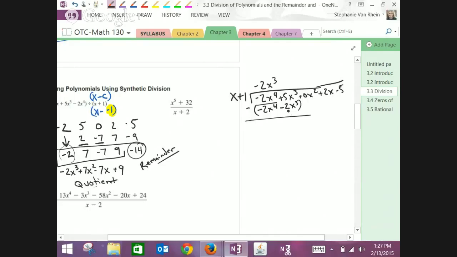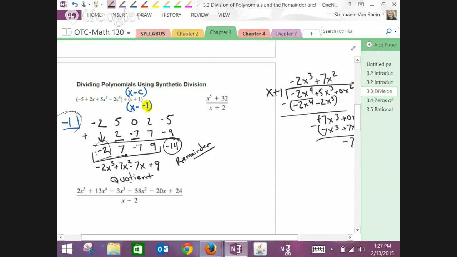What would that give me? Positive 7x cubed, yes. Plus 7x squared. So this would be 7x cubed plus 7x squared. That would give me minus 7x squared again. You see that? It's going to be the exact same thing.